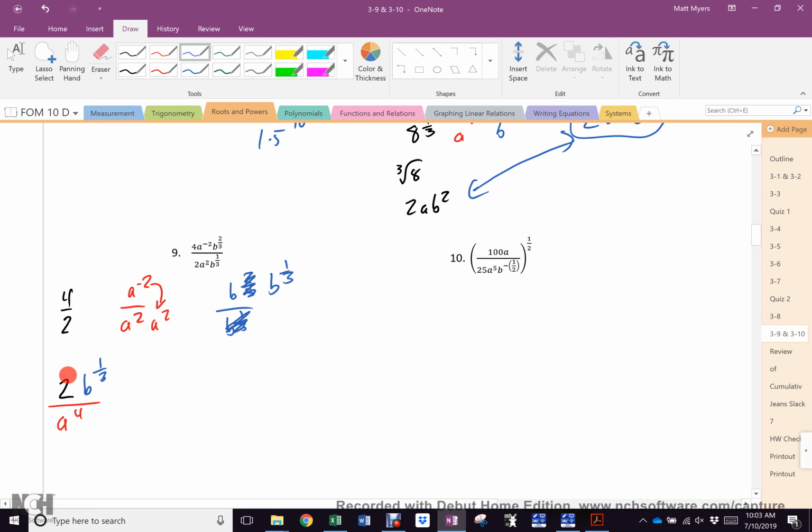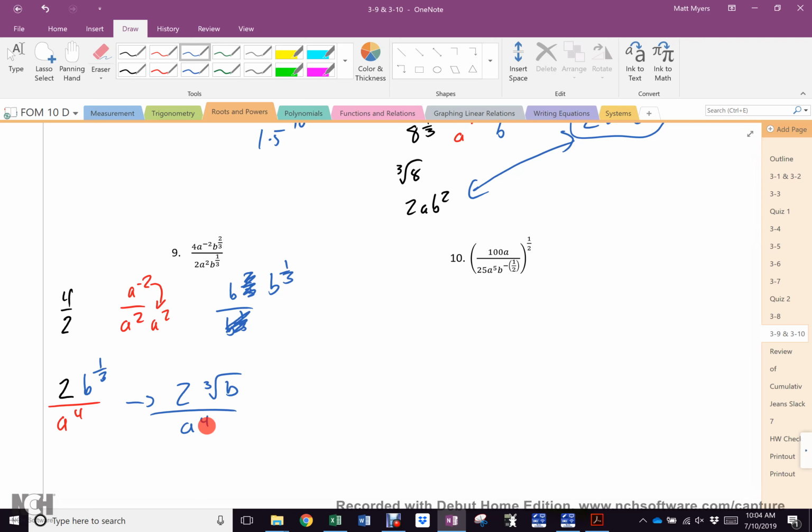Is that done? Yeah. Could you change the way it looks? Can you do something with this? If you wanted to? You could make that 2 cube root b over a to the 4th. Which do you think I want?